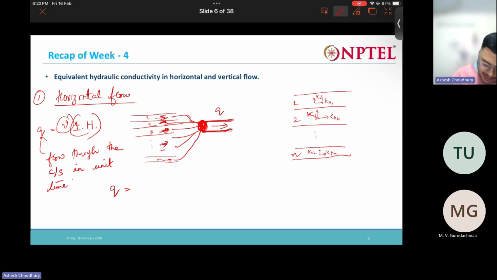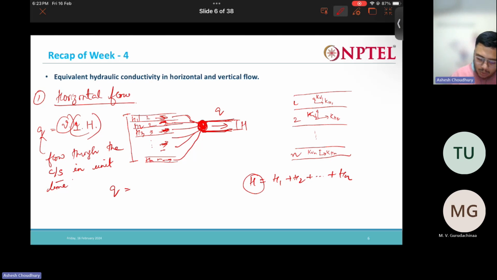Say the width of the larger pipe is h. This h is nothing but h1 plus h2 plus up to hn, the sum of the thickness of all these layers.